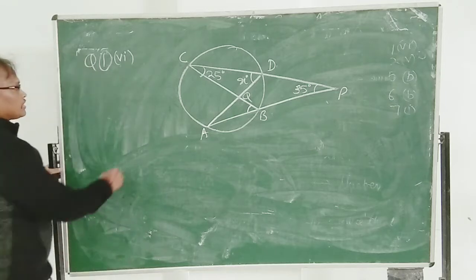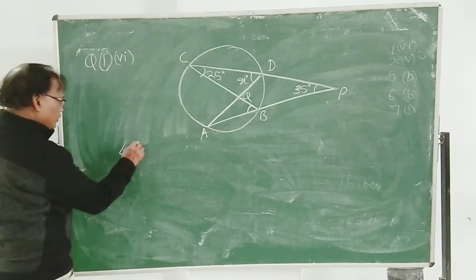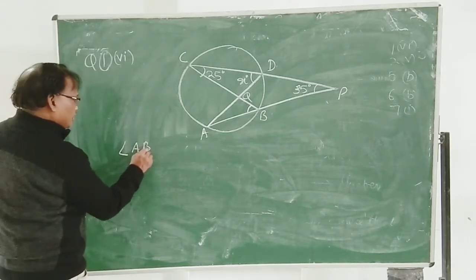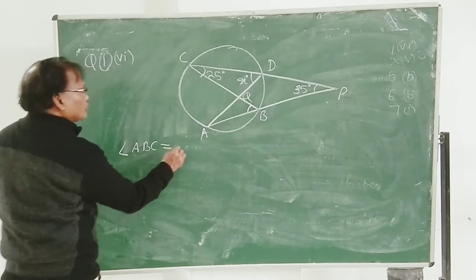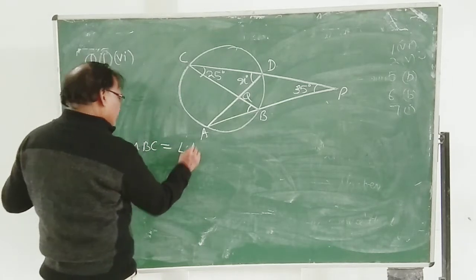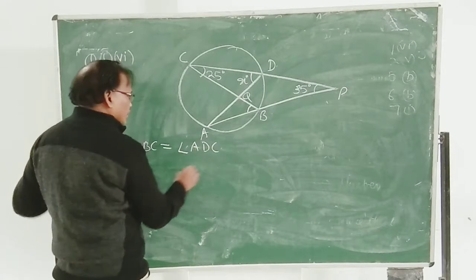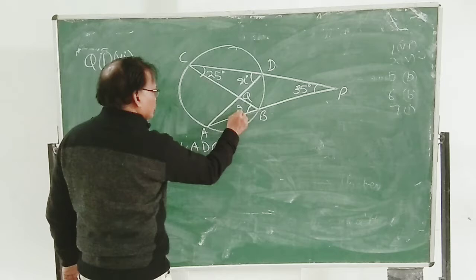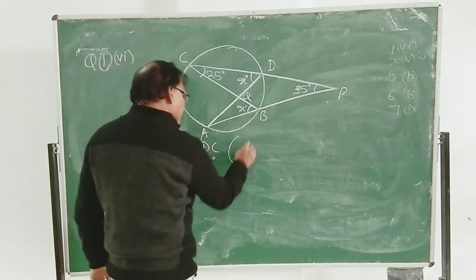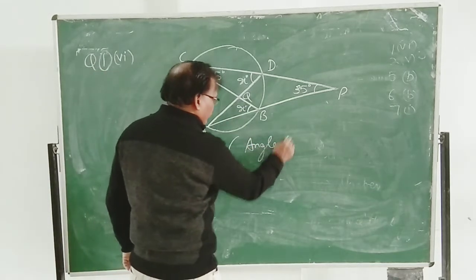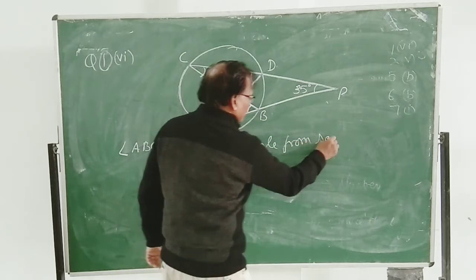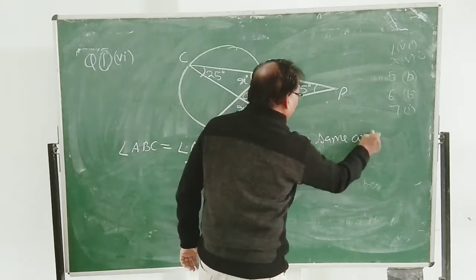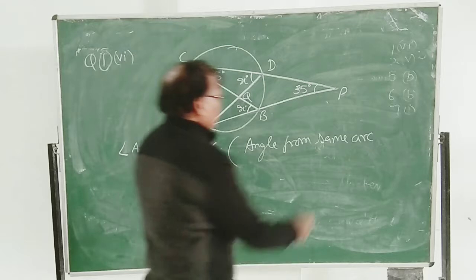So first you write angle ABC is equal to angle ADC, and is equal to x. Means this is also x. And write the property: angle from same arc, and the name of the arc, that is AC.